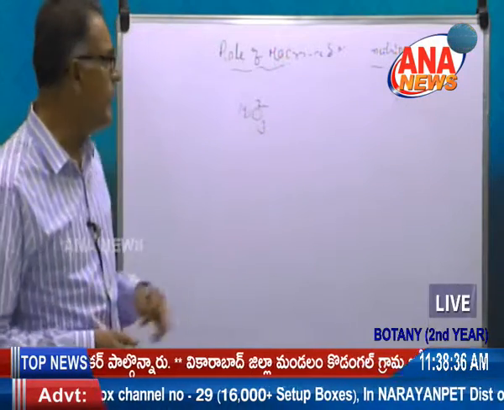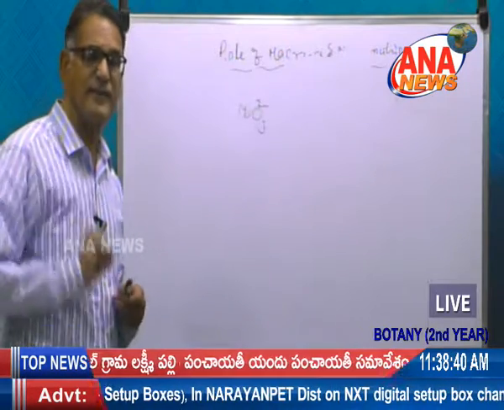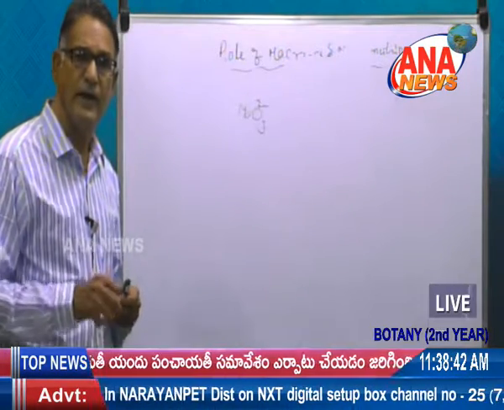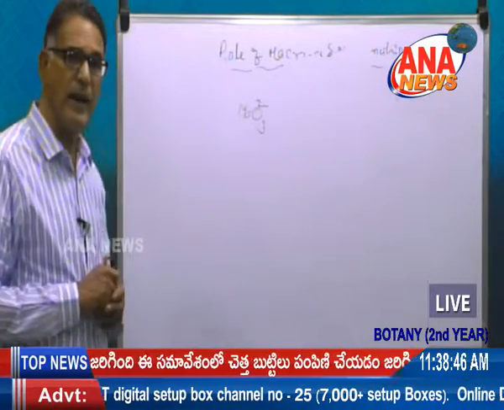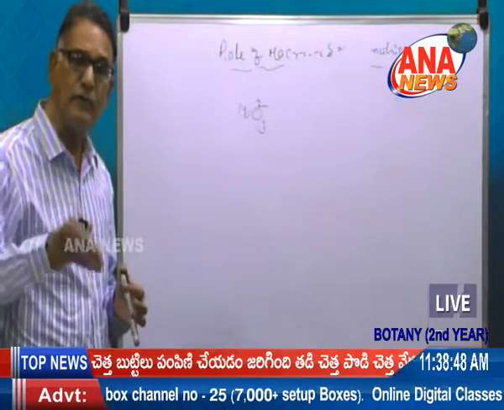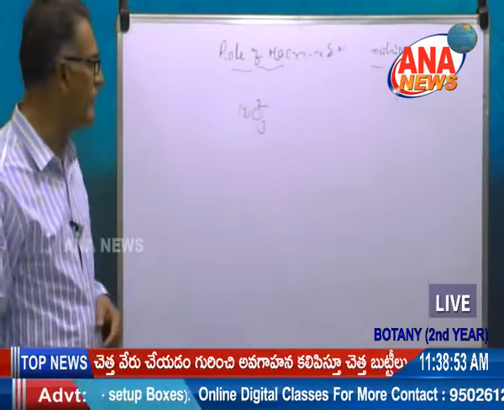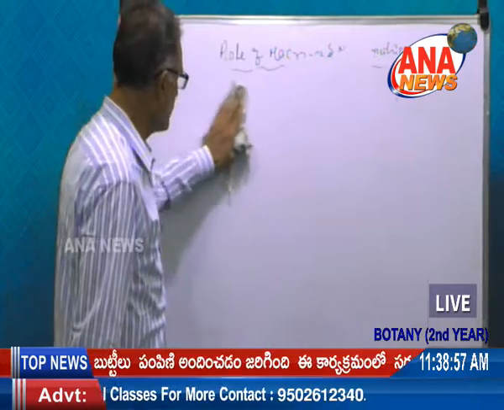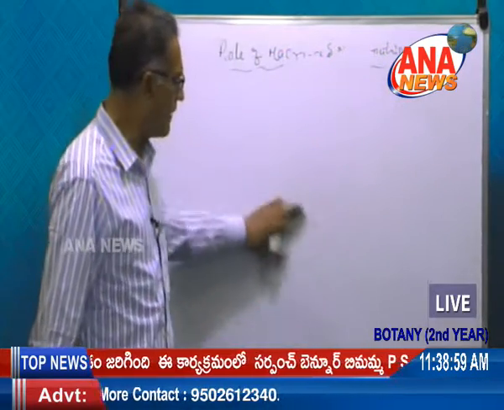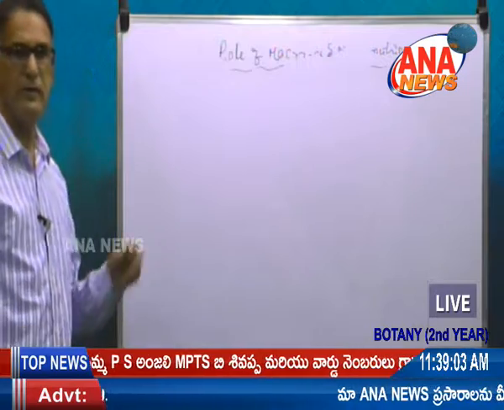It also induces disease resistance activity in plants. So these are the macro and micronutrients which are absorbed in different forms and play an important role and function in plant metabolism.